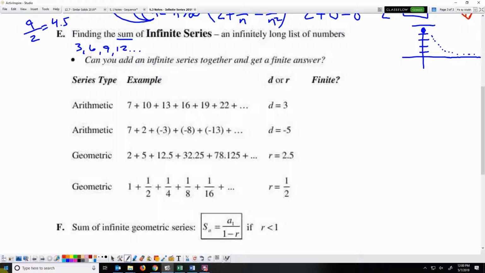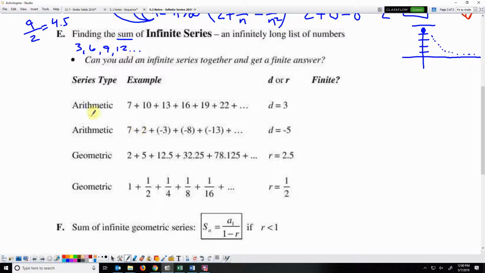But there are some times when you could add all of the terms of an infinitely long sequence. When it's written like this with a plus between each, that represents the summation of the entire thing. That is a series. So here is an infinitely long series, and I know it's infinitely long because of the dot, dot, dot.